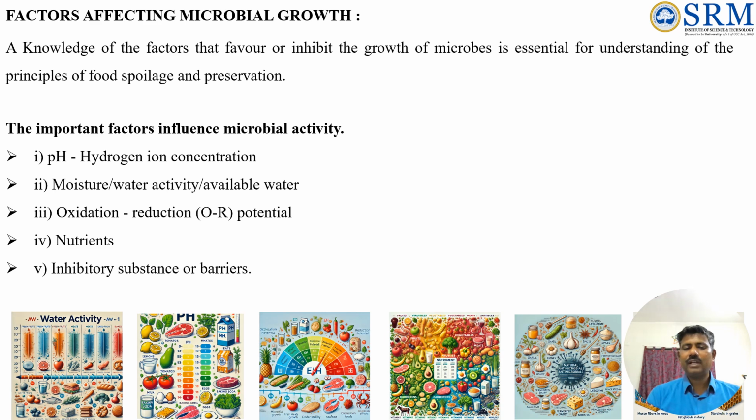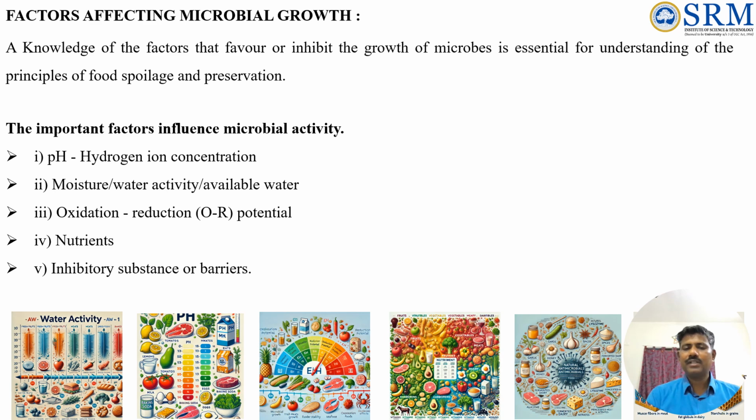The internal factors cover the pH of the food material, moisture content, water activity or available water of food material, oxidation reduction potential of food material, nutritional type, whether it's a protein food, carbohydrate food, or lipid food, according to which the microbial growth varies, and inhibitory substances present in the food material like antimicrobial substances and barrier property, the structure of the food material.